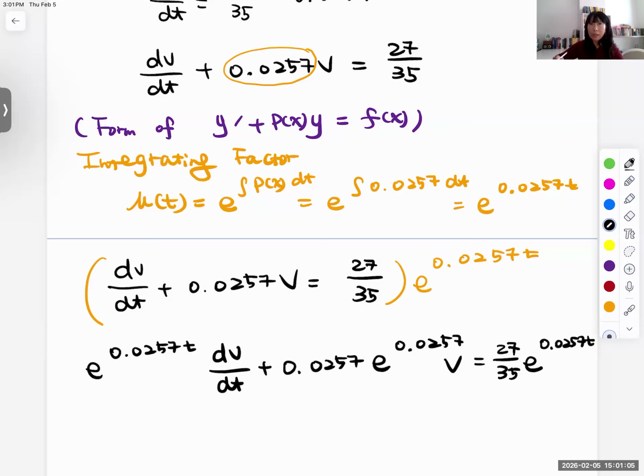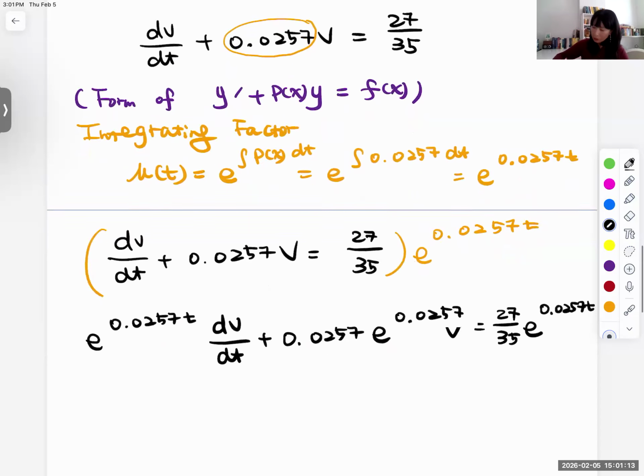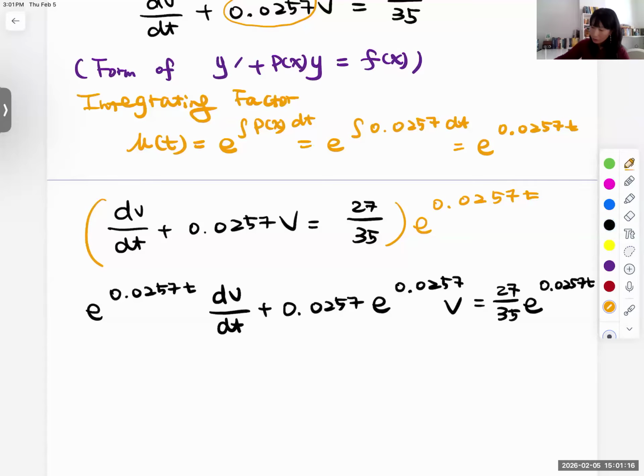Now we can check the derivative, right? So we always check the product rule, remember?